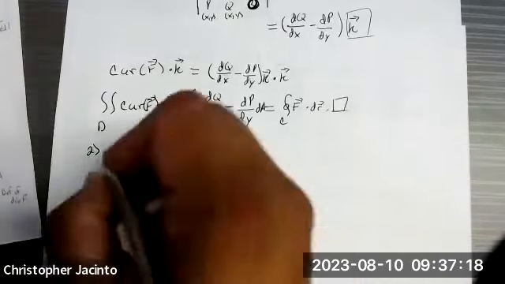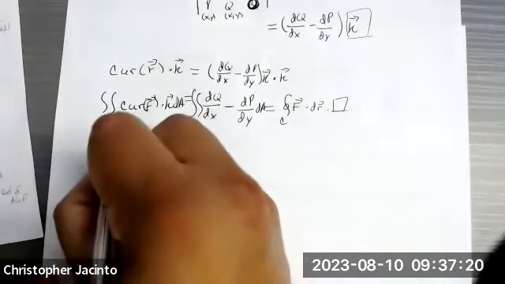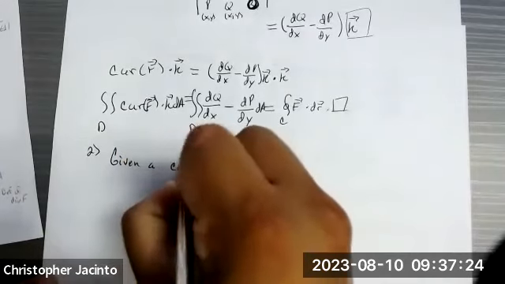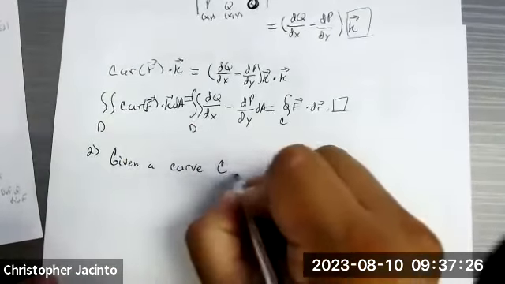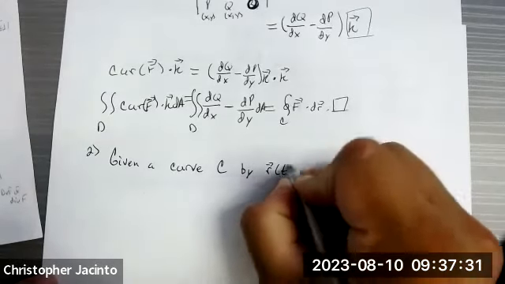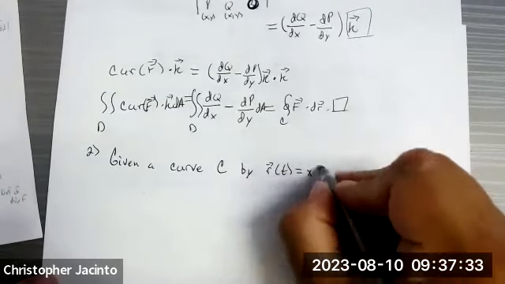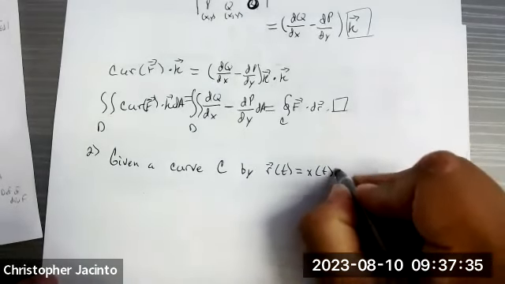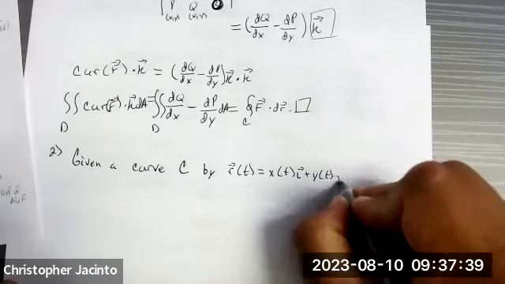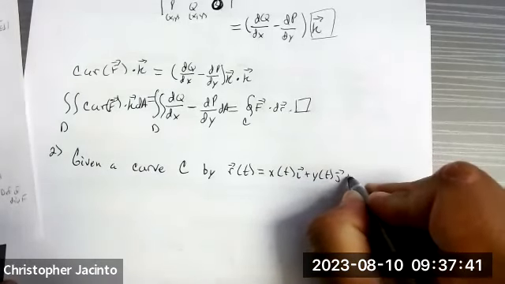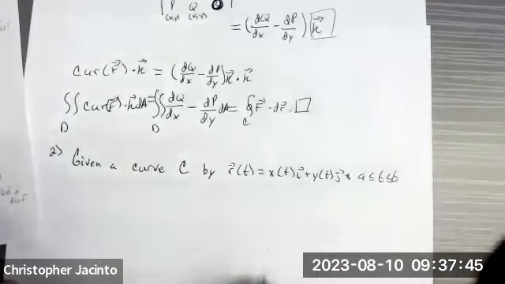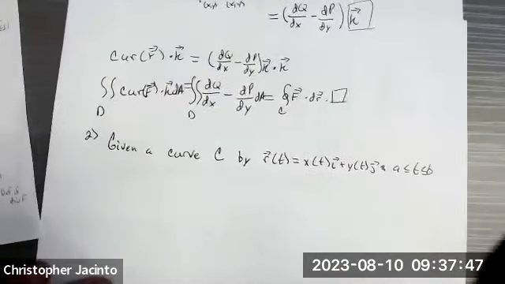Okay, so we're going to start with some curve. Let's say given a curve C by a vector, where T is in between A and B. Okay.